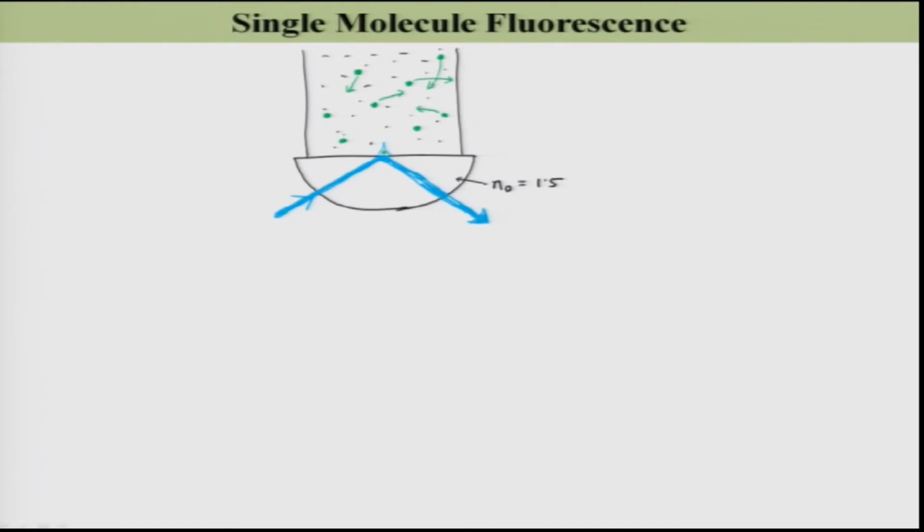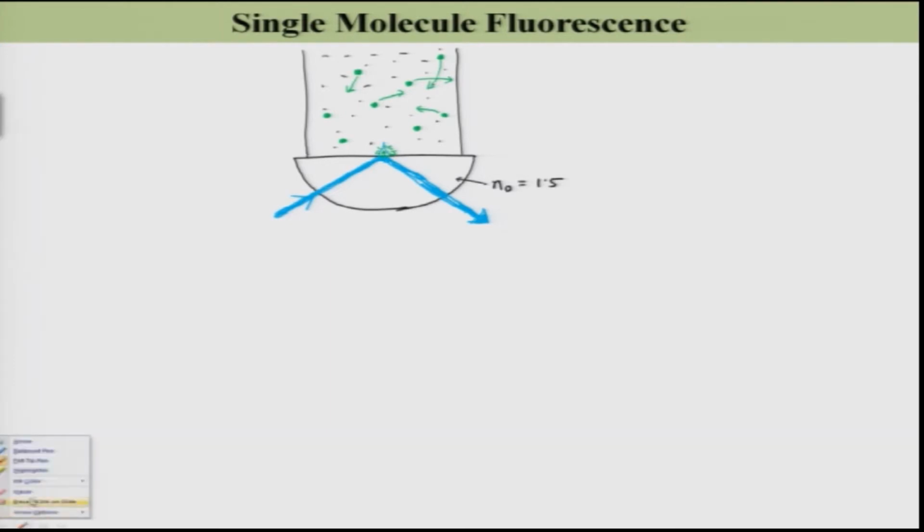Here the evanescent field, having a wavelength similar to the incoming excitation light, will be able to excite your fluorophore. Then you will get fluorescence only when your fluorophore is present inside this small observation volume. When the fluorophore is present here, it is dark, it is not fluorescing, and when the fluorophore is present here, you will get the fluorescence, otherwise not. So, by this you can achieve this small observation volume.